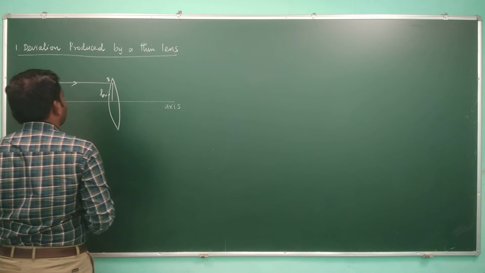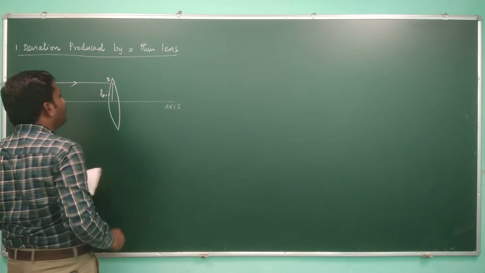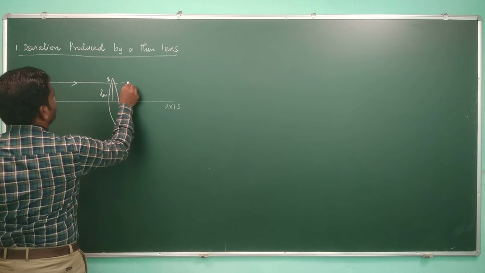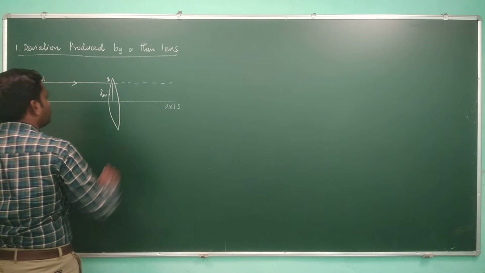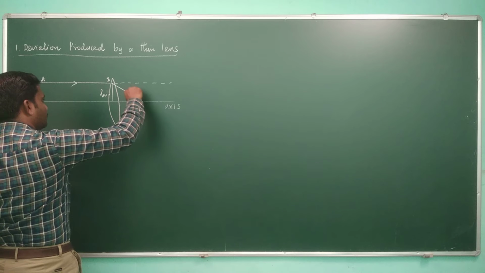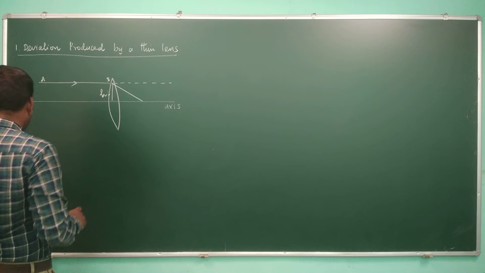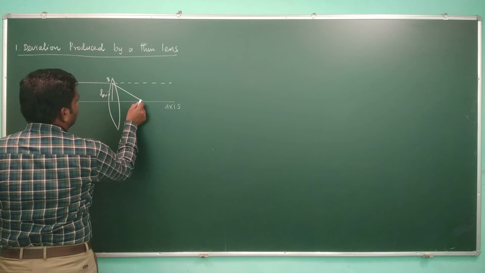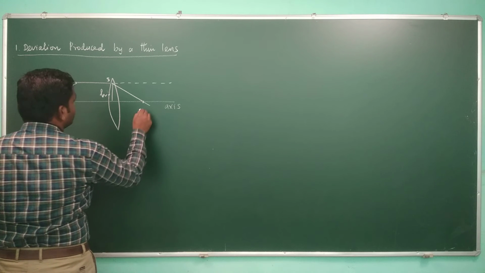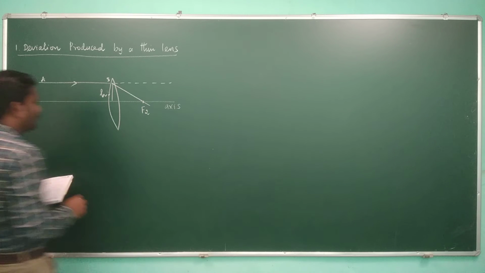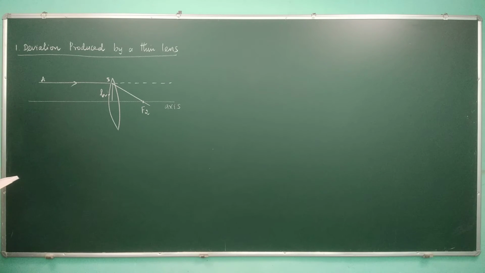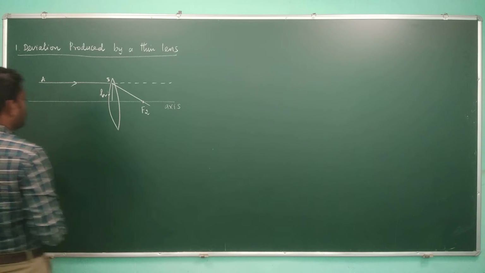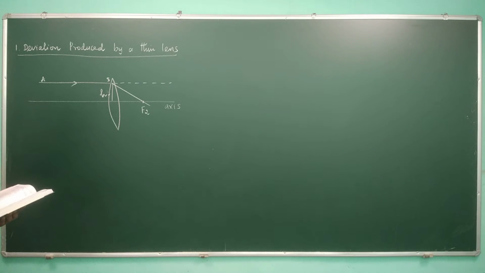Because of the refraction, this ray deviates from its original path, which is supposed to be in this direction, and travels towards the optical axis and crosses it at this point. This point is denoted by F2, which is in general said to be the second principal focus. We will discuss these terms in coming lectures.